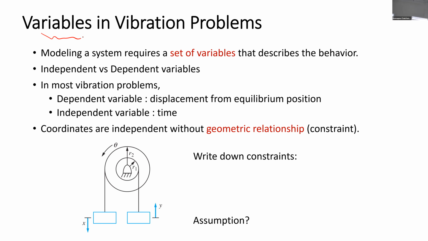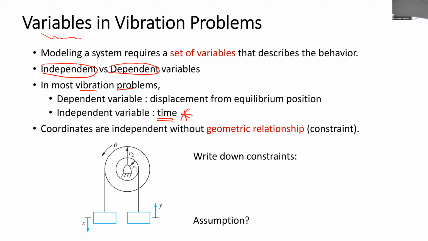Variables in a system. To model any system, we need to define a set of variables to describe the system. And of course, we're going to have independent and dependent variables. Most of the time for vibration problems, the independent variable is going to be time.